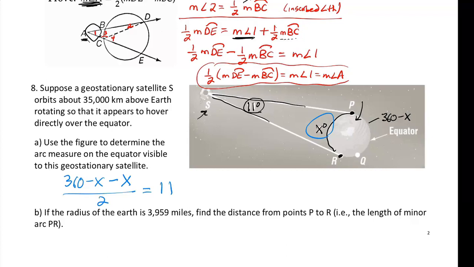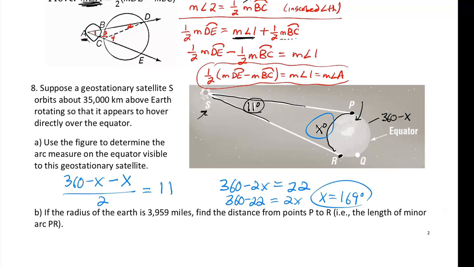Solving that, we'd multiply both sides by 2 and combine the x's, so we have 360 minus 2x equals 22. I can add 2x to both sides and subtract 22, and solving from there, looks like I get an answer of x equals 169 degrees.